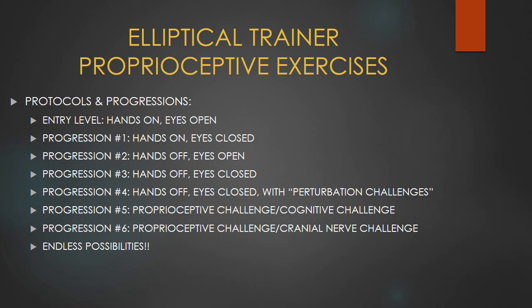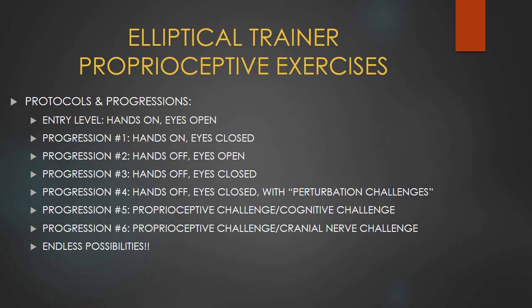Well, as you get a little bit more accustomed to using the elliptical trainer and you get the motor pattern of it established, you might find that if you close your eyes, you get a different training effect. So I challenge you to try this.